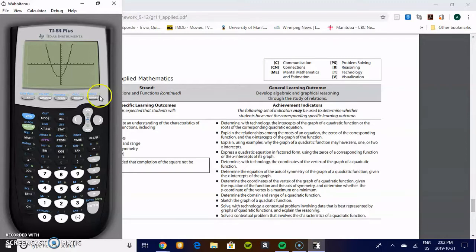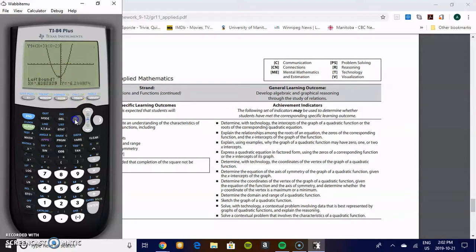Now if I wanted to, for example, find the intercepts of the graph, I would press second, trace, because there's the calc on top there, and then the 0 button. So that's number 2. Now it asks for a left bound. So say I wanted to find this x-intercept on the left.